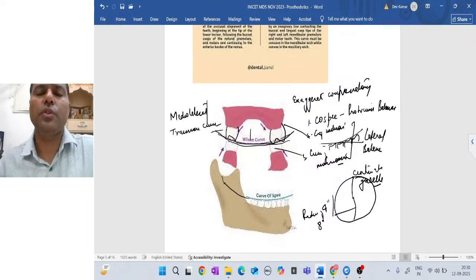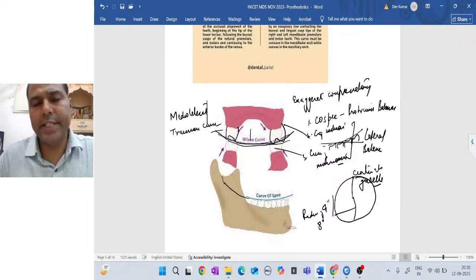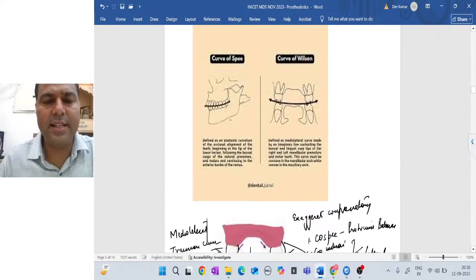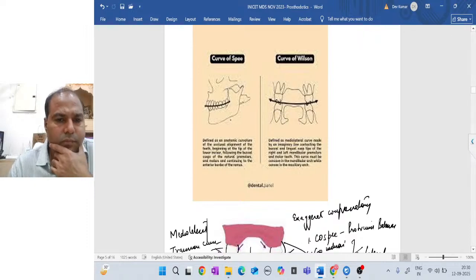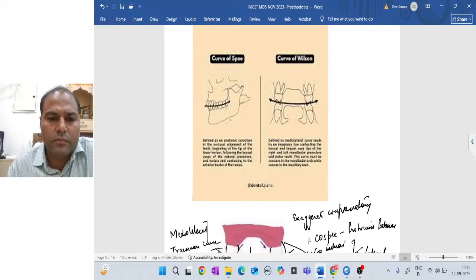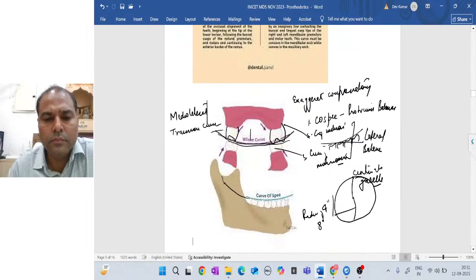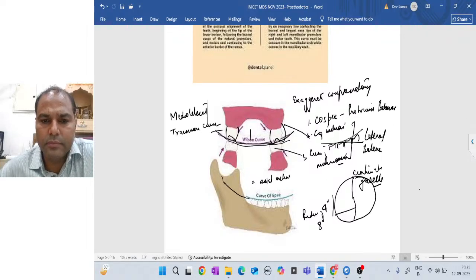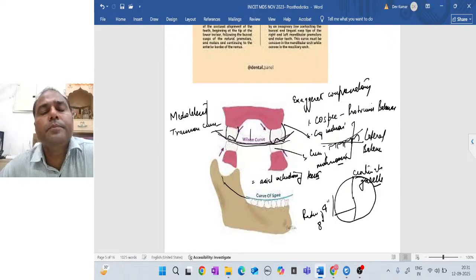Okay, so the curve of Wilson is convex in maxilla and concave in the mandibular arch. Right. The curve of Spee is the resultant of the axial inclination of the teeth. Okay, right.